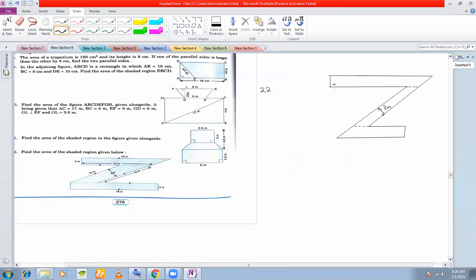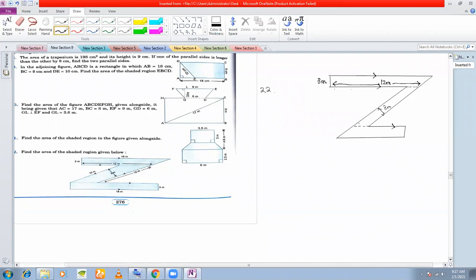Write it inside. This length is given to you as 12 meters. All these are given parallel. All these three lines are parallel to each other. This length is given to you as 3 meters.